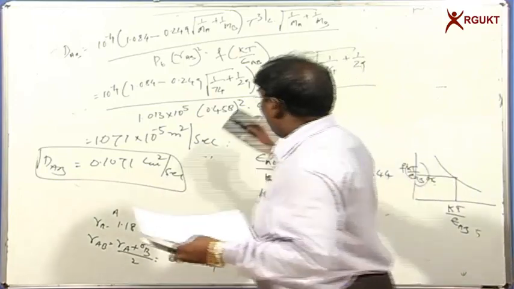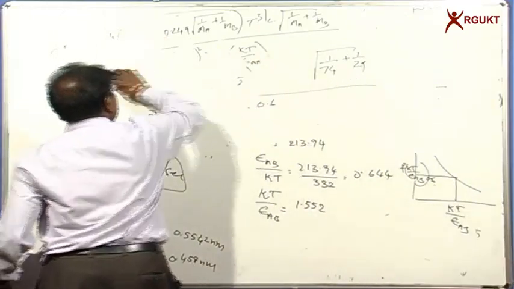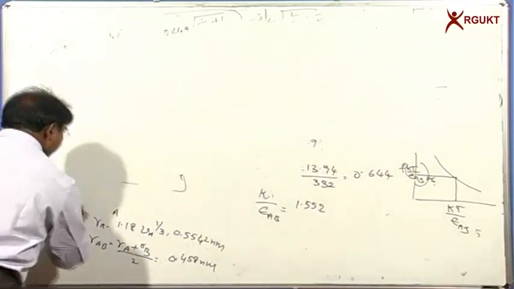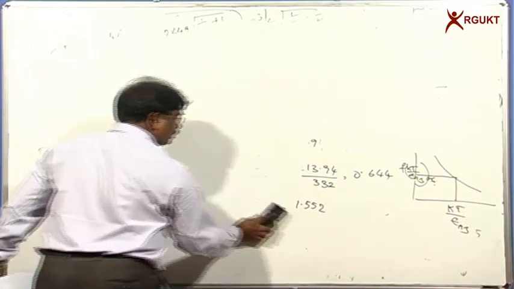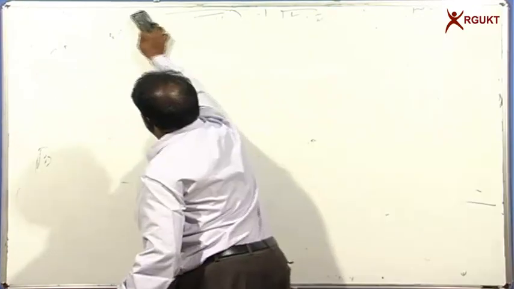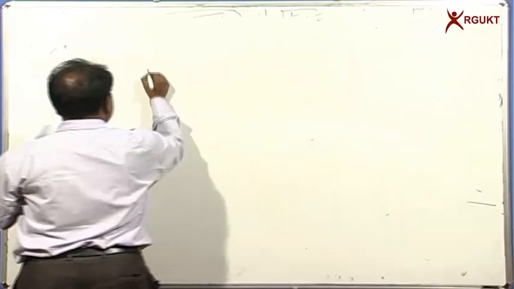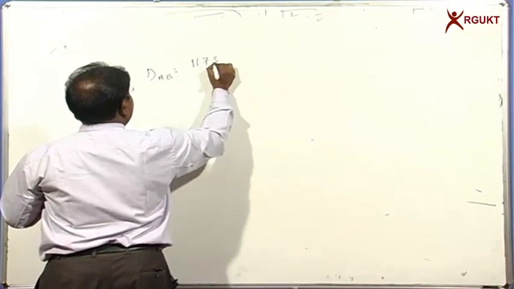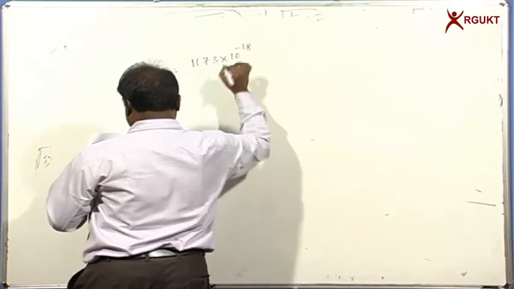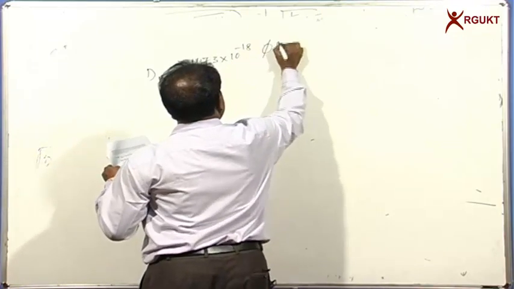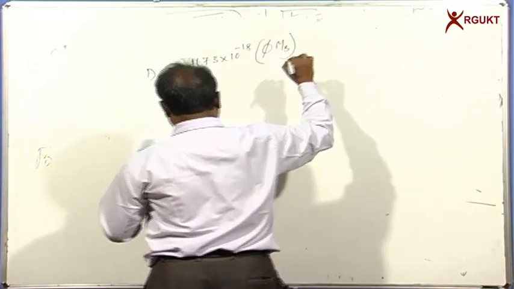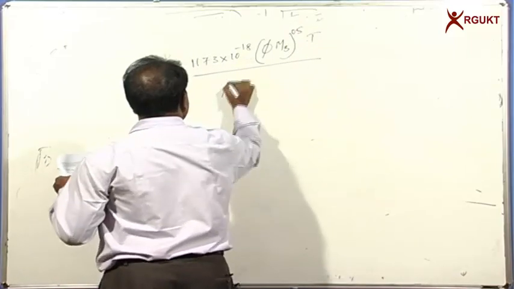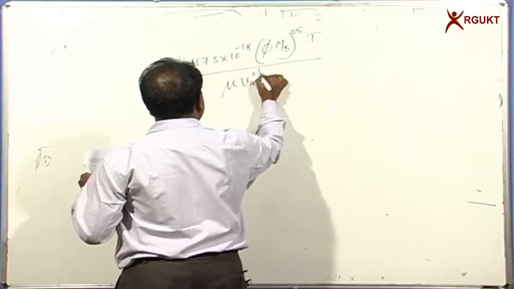So here all the values are given and we have to plug these values into the Wilke-Chang equation, which is used for the estimation of diffusion coefficients in liquids. D_AB equals 117.3 into 10 power minus 18 times phi M_B to the power of 0.5 into T, divided by mu into V_A to the power of 0.6.